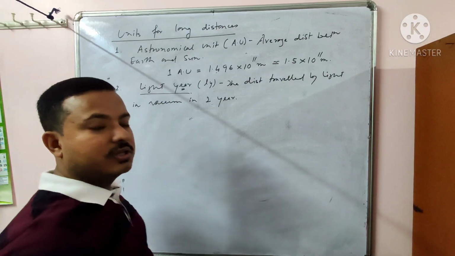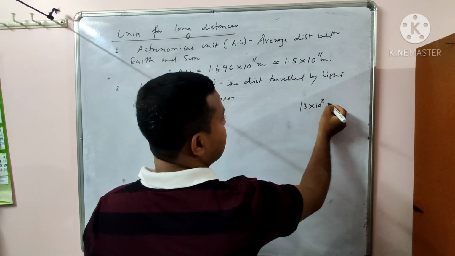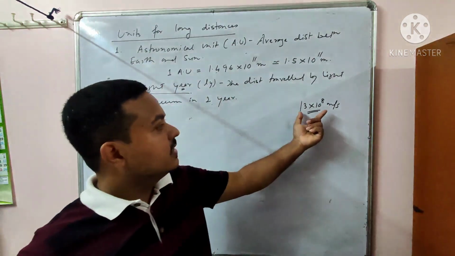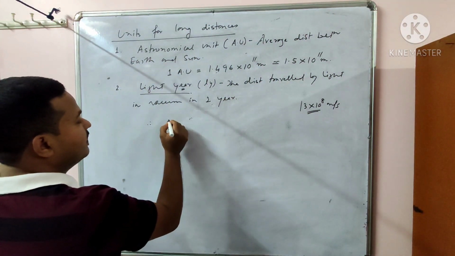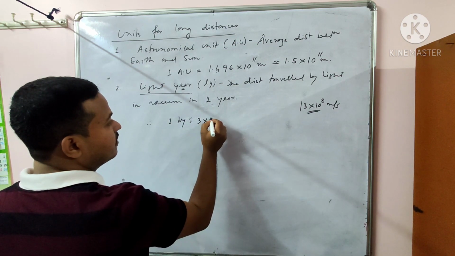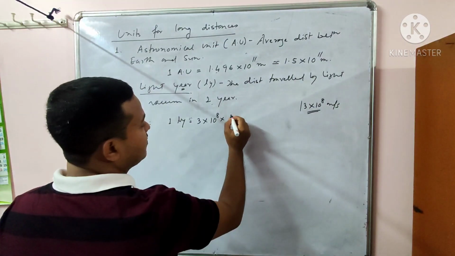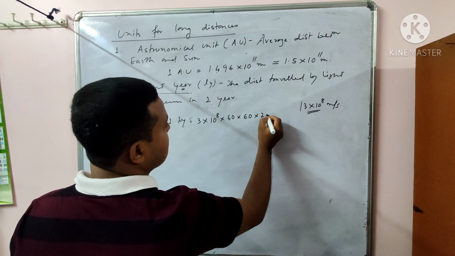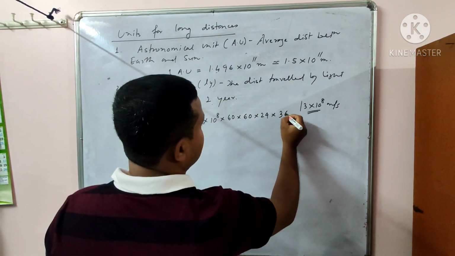So you see, we know the speed of light is 3 10 to the power 8 meter per second. So in 1 second, light travels 3 10 to the power 8 meter. So in 1 year, it covers 3 10 to the power 8 into 60, then into 60 for the hour, then into 24 for the days, then into 365 for the year.